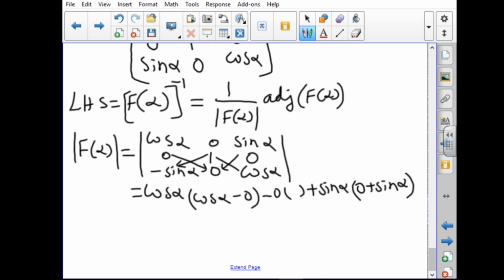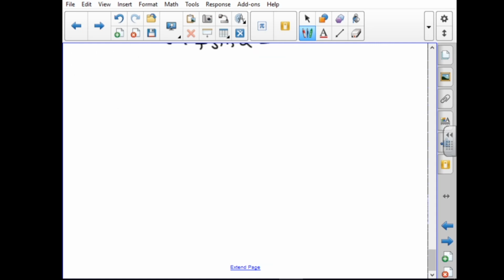So we get cos square alpha plus sin square alpha, which is equal to 1, and this is not equal to 0. Therefore, f of alpha the whole inverse exists.